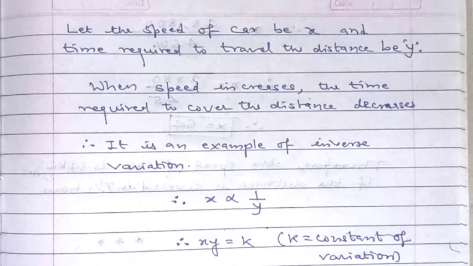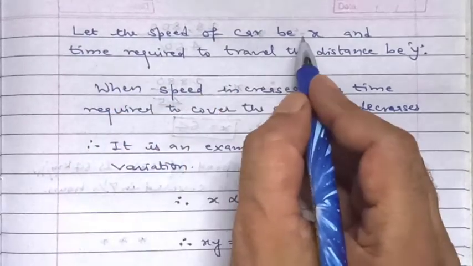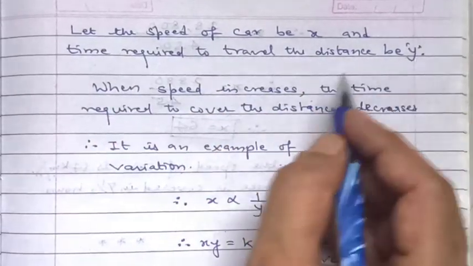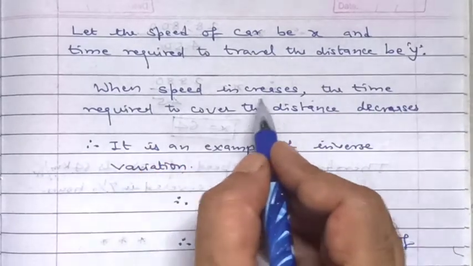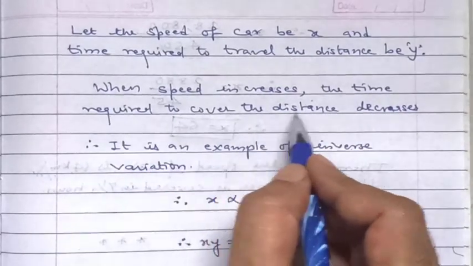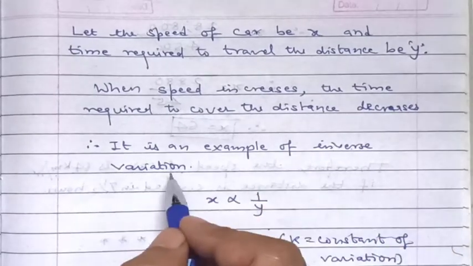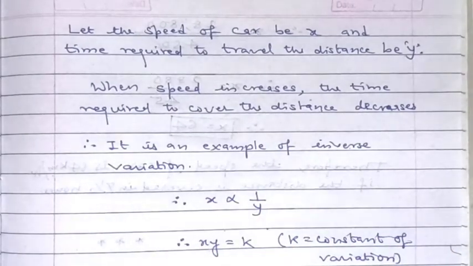Here we will consider the speed of the car and the time required. So let's write, let the speed of the car be x and the time required to travel the same distance be y. You know, when speed increases, the time required to cover the distance decreases. Therefore it's an example of inverse variation. Please refer to the video of practice set 7.2.